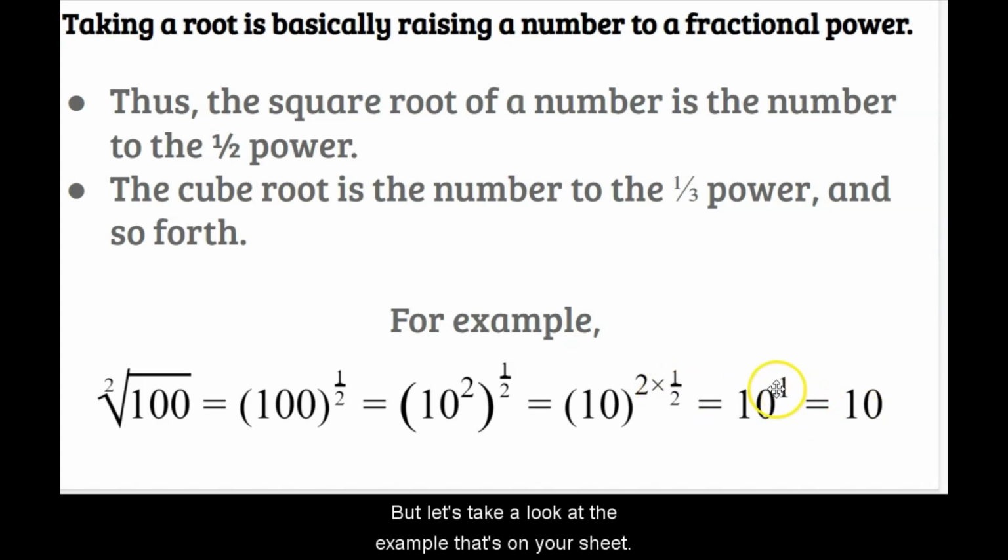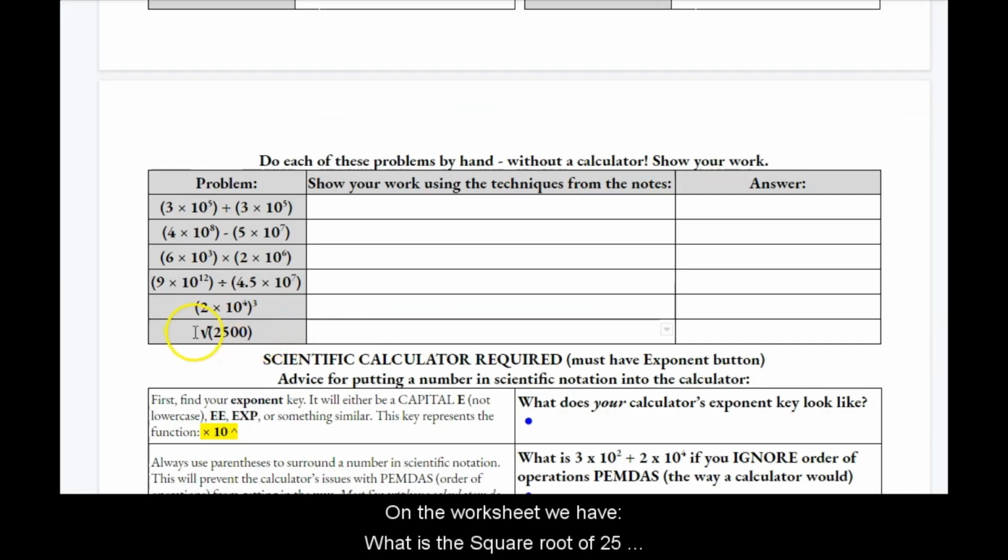But let's take a look at the example that's on your sheet. On the worksheet, we have what is the square root of 2500. Now, you might already know what the square root of 25 is, but you might not know what the square root of 2,500 is, and I'll show you how you can use the exponents to help you with complicated ones like this. So the first thing we're going to do is break it up.